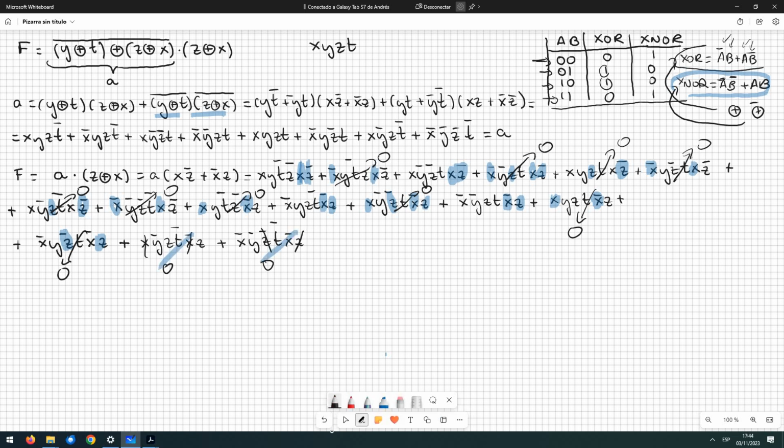So finally, we have only 4 minterms, I think. This one, this one, this one, and this one. So our function is going to be the following.